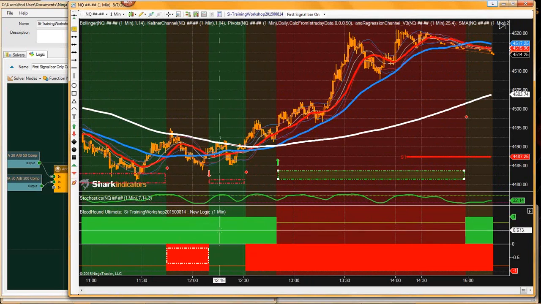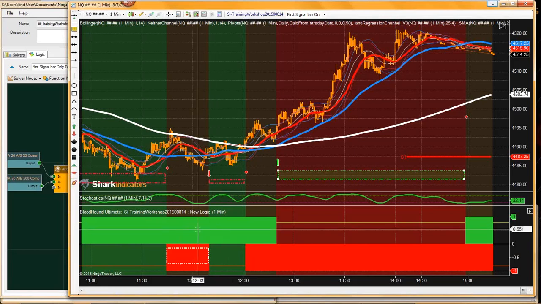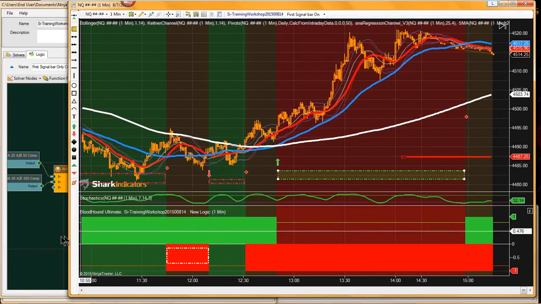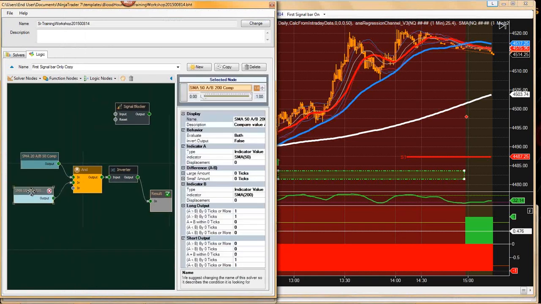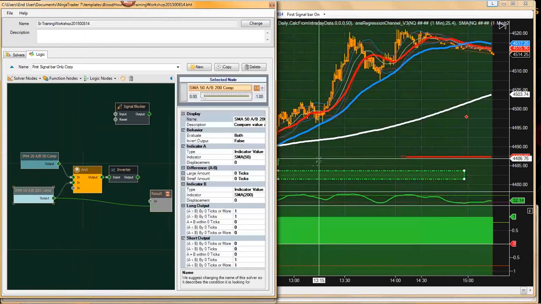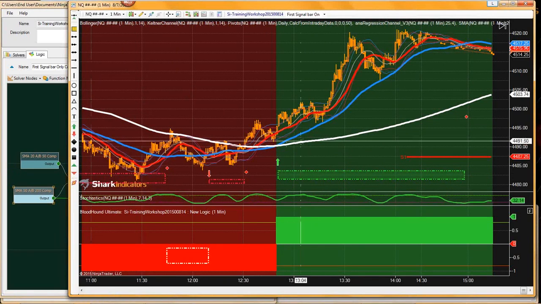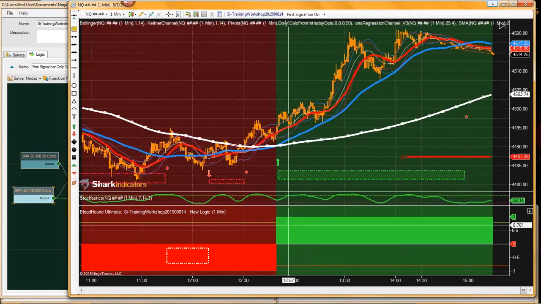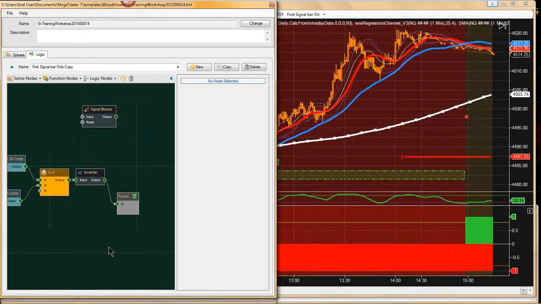So let's filter this out. I have one of these built. This solver is looking at the 50 and 200, so I think I can use this filter to filter that invert out.